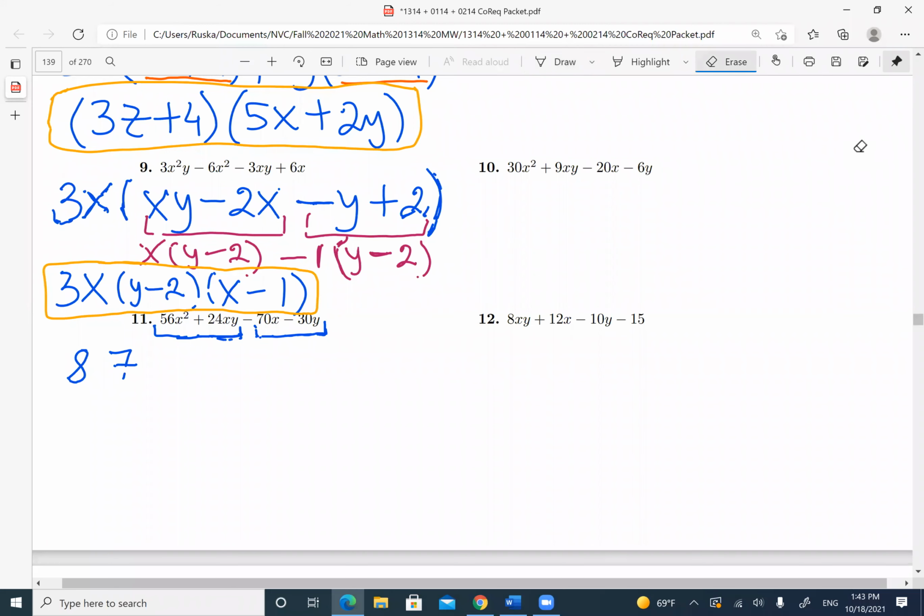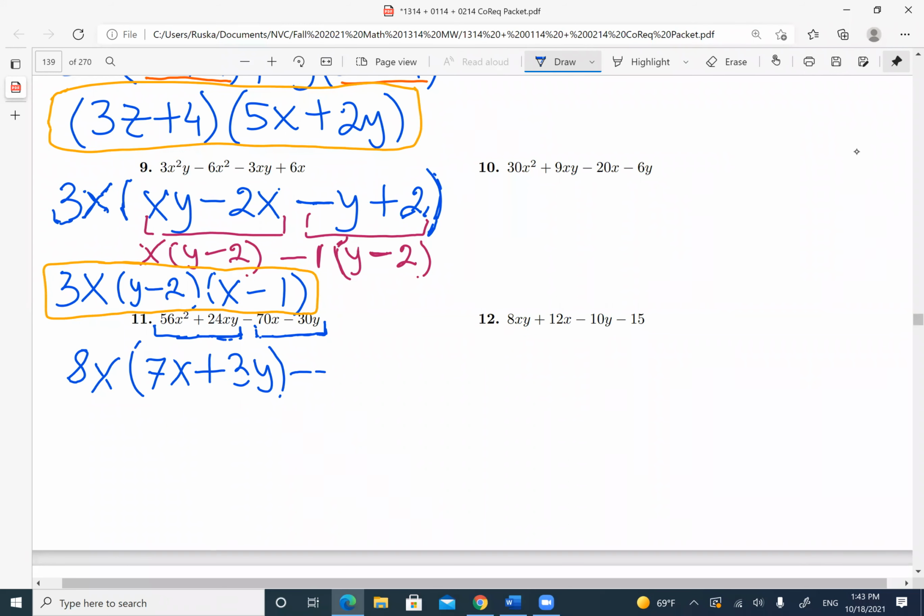An x also, right? Yes. Let's pull out x also. So we're gonna have 8x and then 7x plus 3 times 8 is 24, and then y, because x is out. So this is what you have inside, and then we're gonna look at the second group.